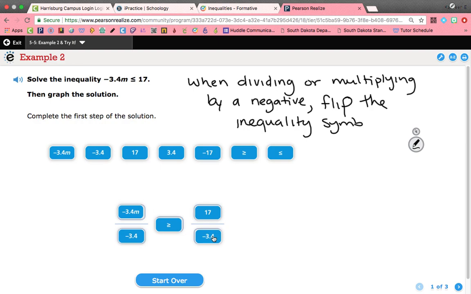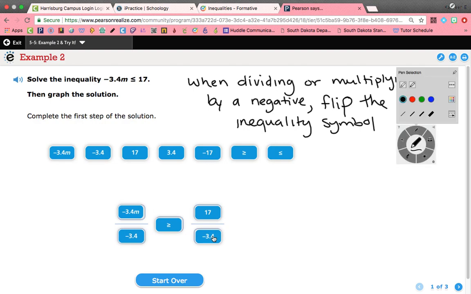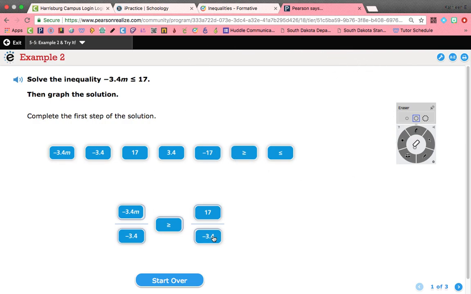I know it took me a really long time to write that out, but I'm hoping that it will stick in your heads a little more than if I were to just type it out. So the one thing you need to remember, if nothing else, because this is all the same as solving equations, is when you're dividing or multiplying by a negative, flip the inequality symbol. Write that down somewhere, ingrain it into your head so that you don't forget that. And then we can move on to another question.